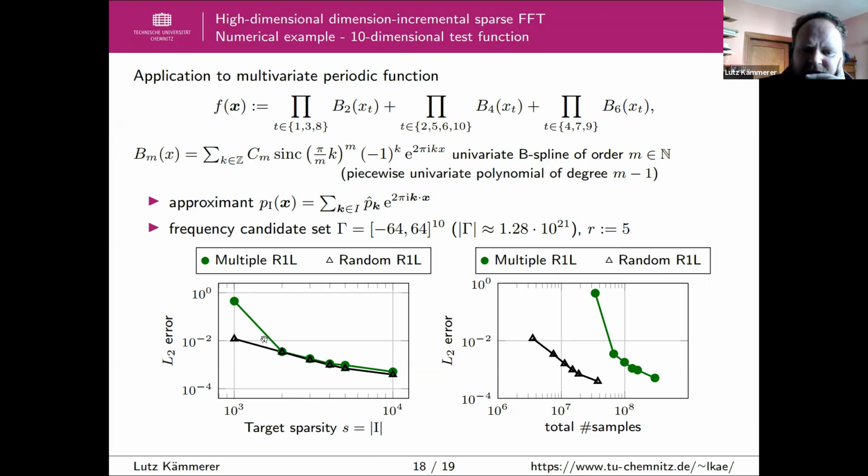And okay, you see here the L2 errors. We just said, okay, this is our search space for the candidates, and then we search for the 1,000 up to 10,000 in some sense best possible monomials.